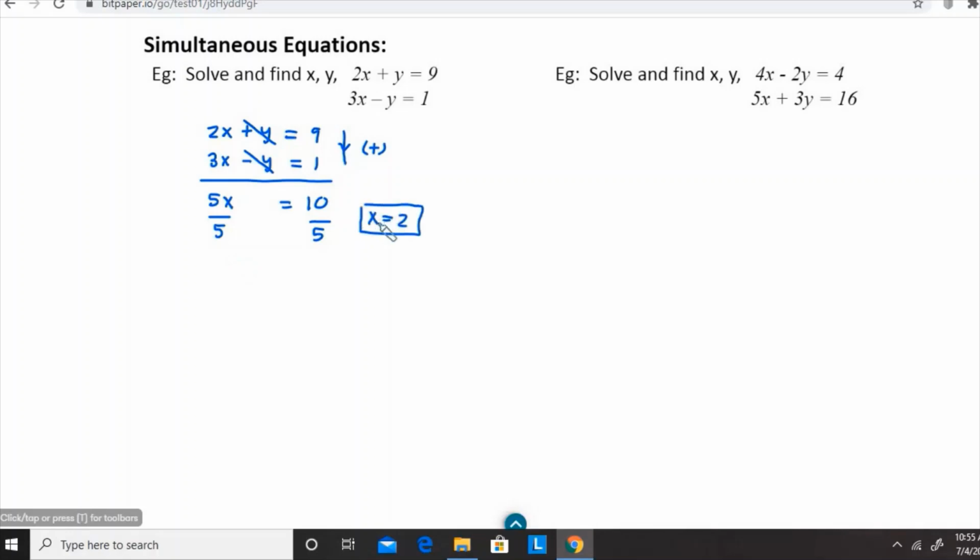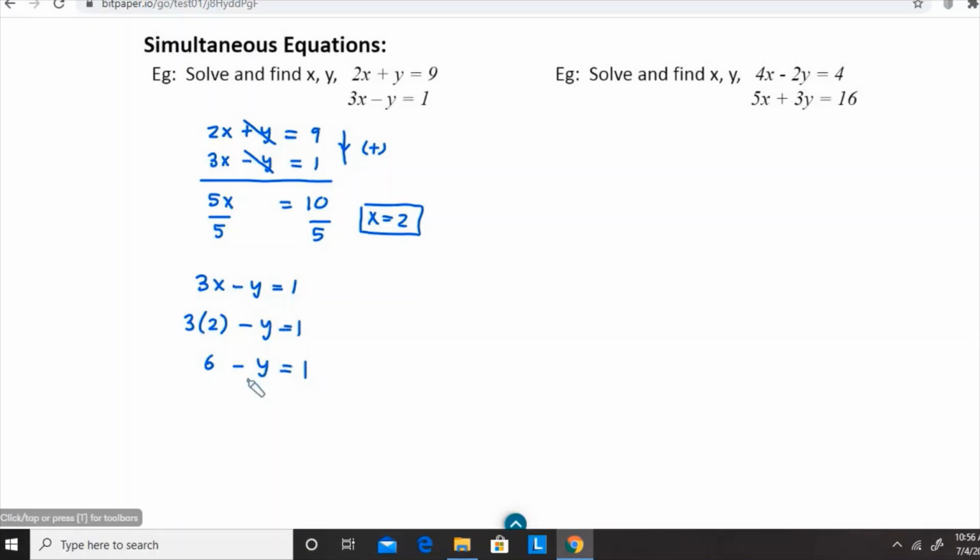Now in order to find y, I will substitute this x value in one of these equations. So I'll use the second equation. So that means 3x minus y equals 1. So I'll substitute for x the 2, minus y equals 1. I'll have 6 minus y equals 1.